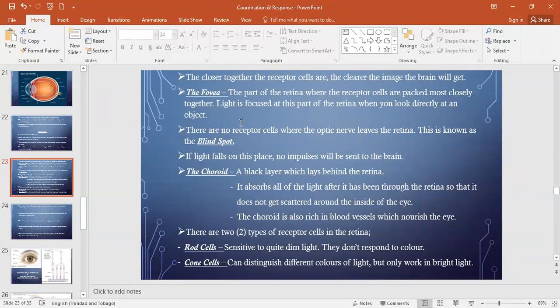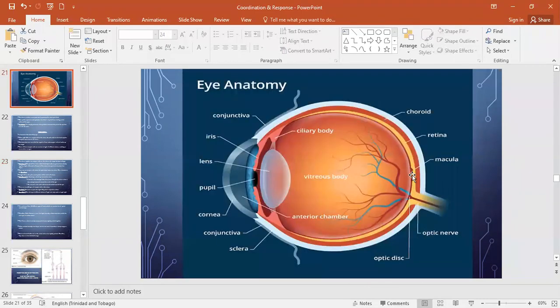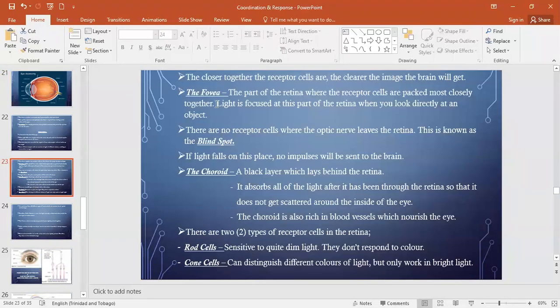Now the fovea, which is the little pit that I showed you just now, found in the retina, contains a lot of receptor cells that are tightly packed together, so that when light is focused there, you'll be able to see a clear image.